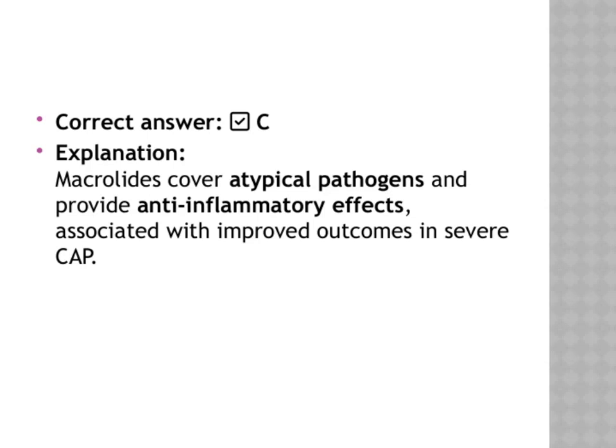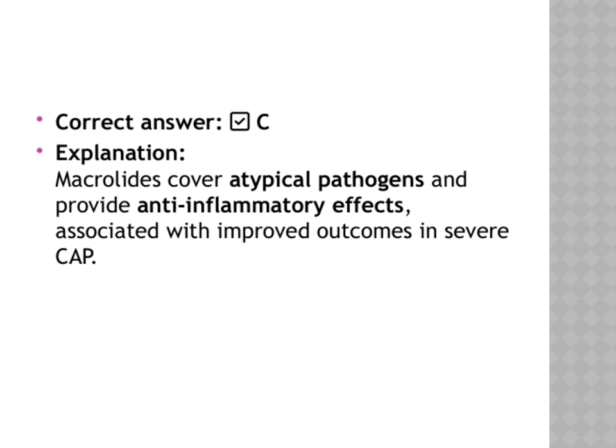All right, so the correct answer here is C, and I want to highlight why that's the case. Macrolides are particularly important in treating severe community-acquired pneumonia because they do two key things. First, they cover atypical pathogens, which are often responsible for pneumonia cases that don't respond to traditional antibiotics.